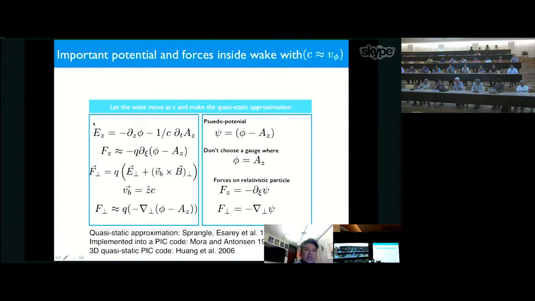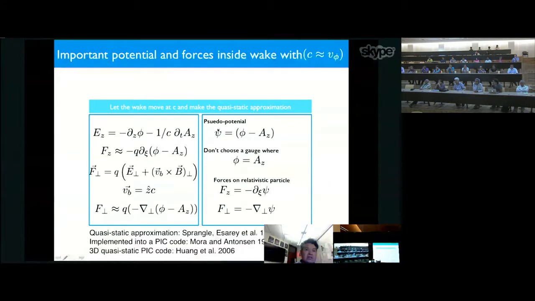If one looks at the electric field along the direction that the driver is propagating and looks at the force in the perpendicular direction on a particle with a velocity equal to c, so it's moving in the z direction with a velocity c, and assumes that the wake function only depends on z minus ct and x and y, after a couple lines of algebra, one can show that the longitudinal force and the transverse force are given by the longitudinal gradients and the transverse gradients of phi minus Az, regardless of what gauge you end up choosing.